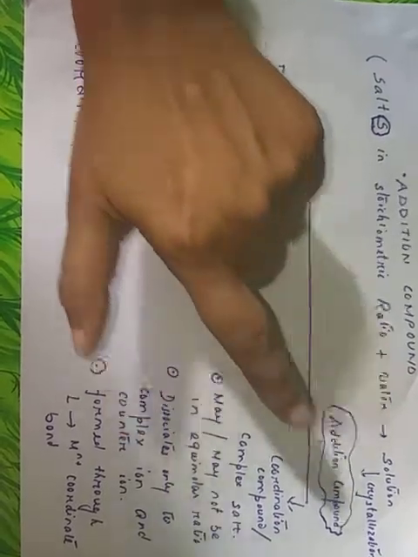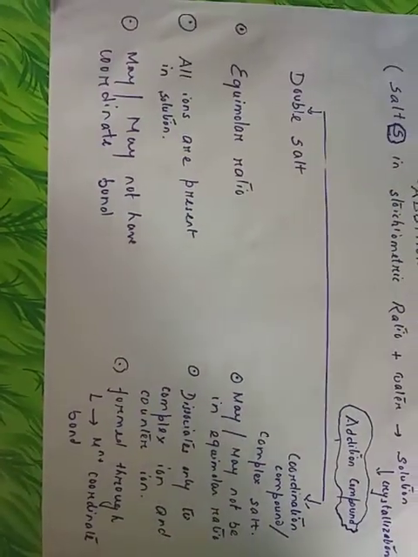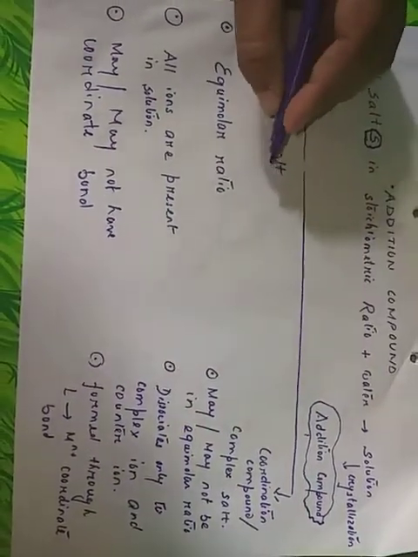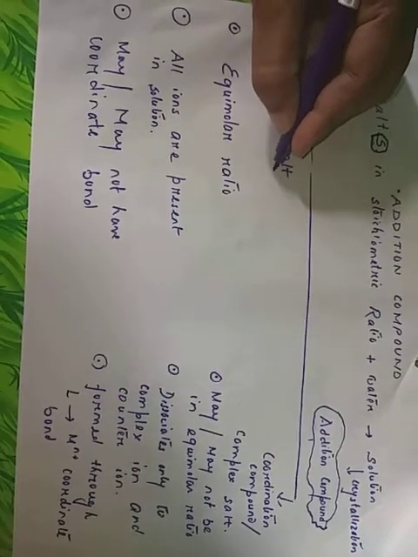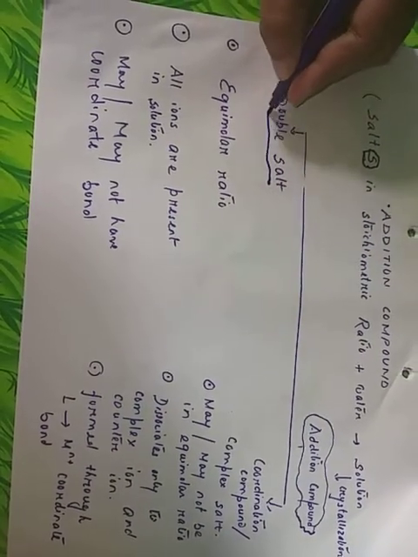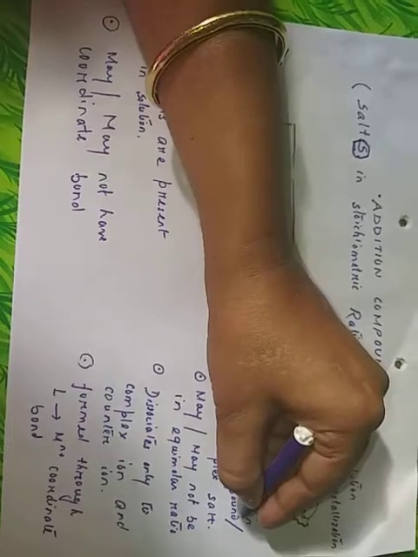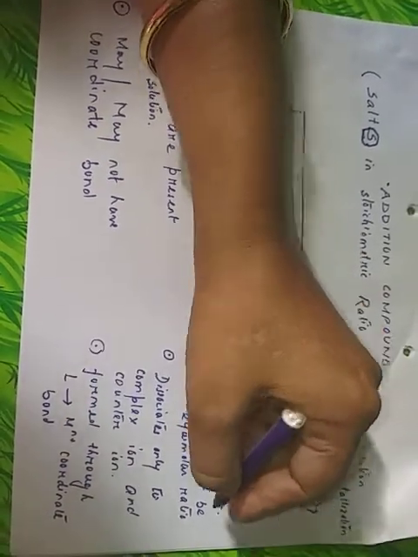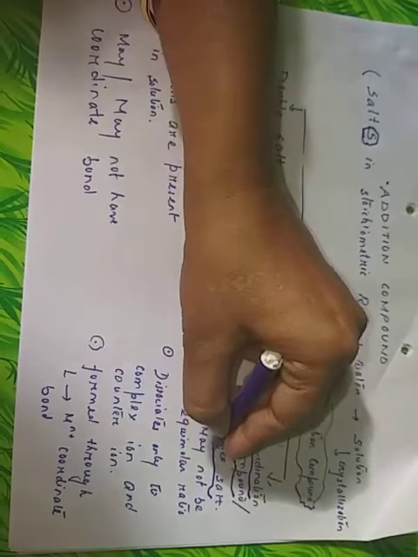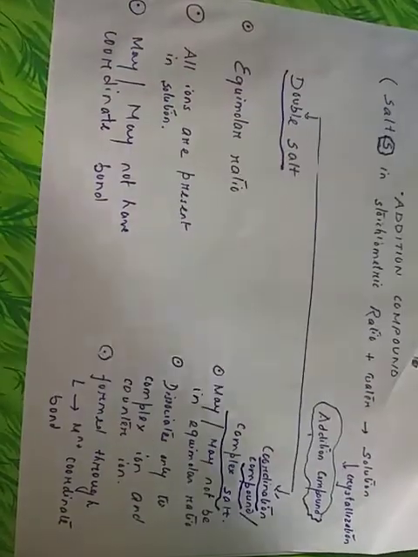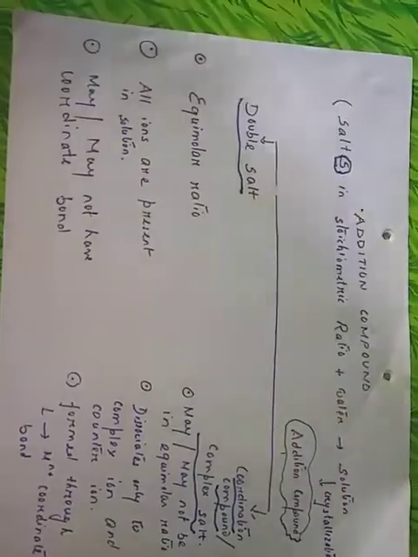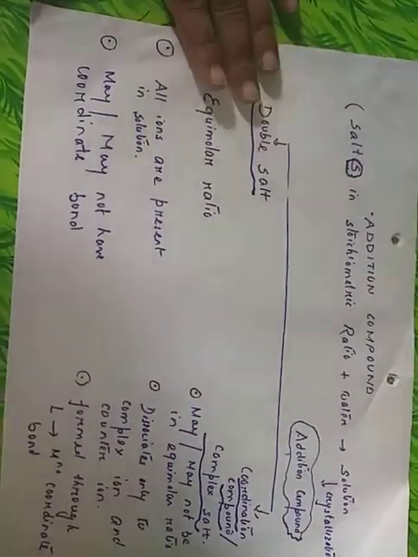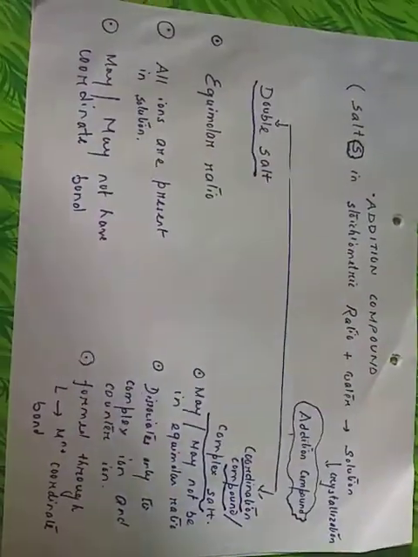This addition compound is of two types: one is the double salt and the second one is the coordination compound, more commonly known to us as complex salt. Let's see the basic difference between the double salt and the complex salt.